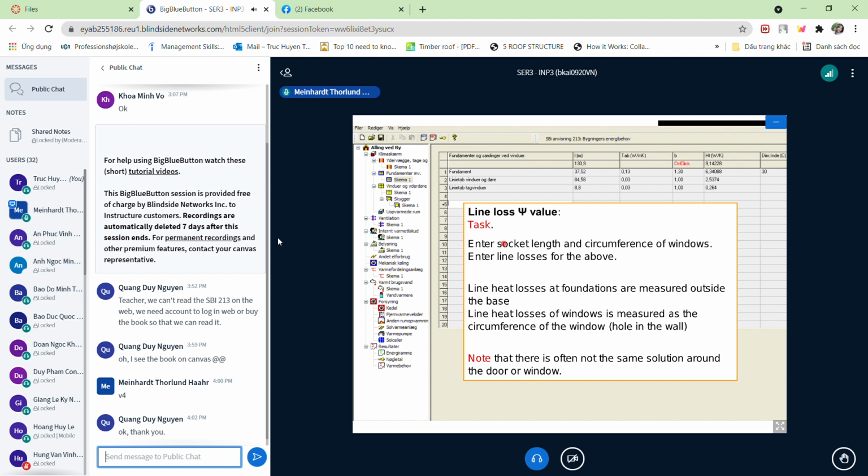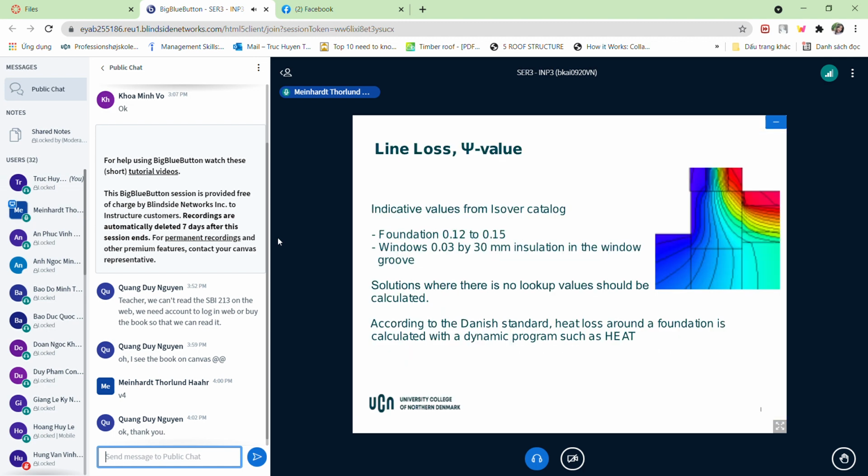Linear loss, basically it's looking into DS 418. You can see tables regarding what kind of number you should use depending on what your construction looks like, or you can find some things on the internet.